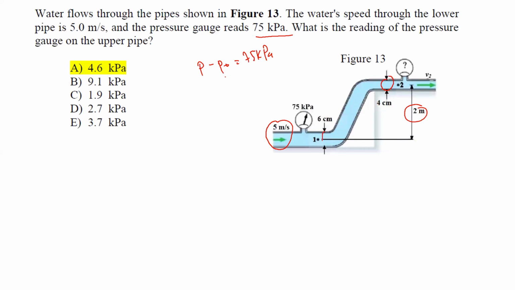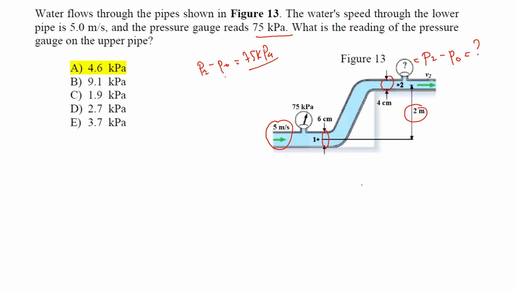Here the diameter is 6 centimeters. The question is, what is the gauge pressure here? So P2 minus P0. What is it? Here P1 minus P0 is 75 kilopascal.